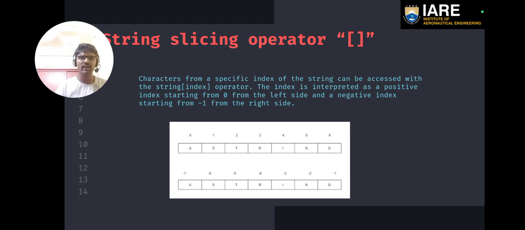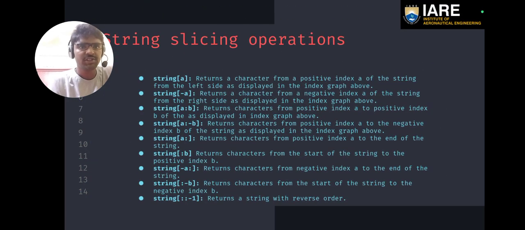This is like our number line, as we can observe. Now, string slicing operations. string[a] returns a character from positive index a of the string from the left side, as displayed in the index graph above. string[-a] returns a character from a negative index of the string; basically it gives us the last character from the right side, as displayed in the index graph above.